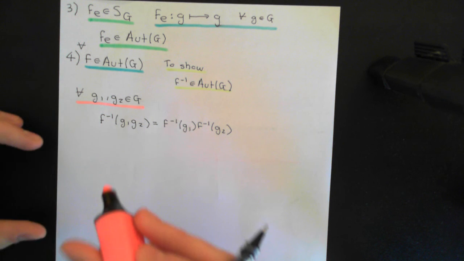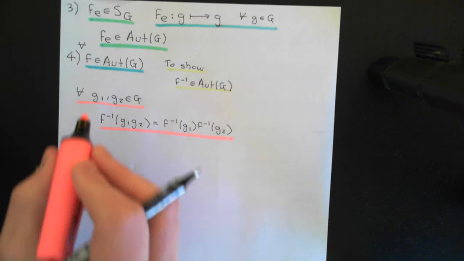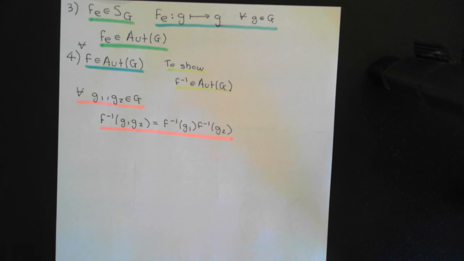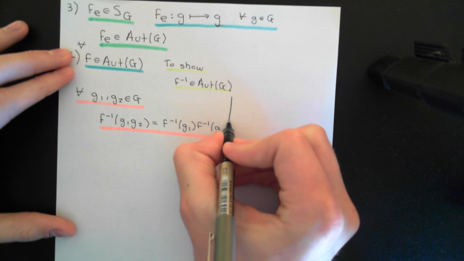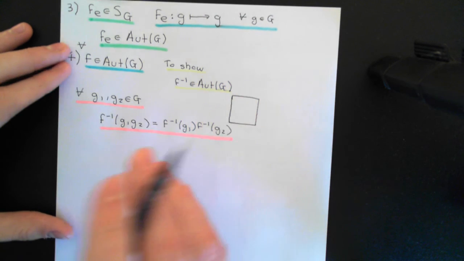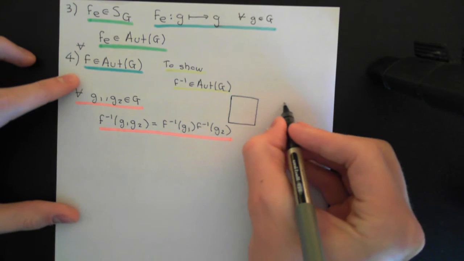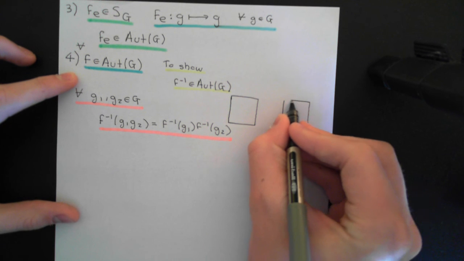Okay, so how am I going to do this? Well, again, I need at some point to use the fact that f is an automorphism of the group capital G itself, and in fact that is going to be utterly crucial to this. Okay, so let me draw a picture to help you understand this, because this one is the most complicated argument in my opinion. Okay, it's not too bad, but it's the most complicated of what we've seen so far.